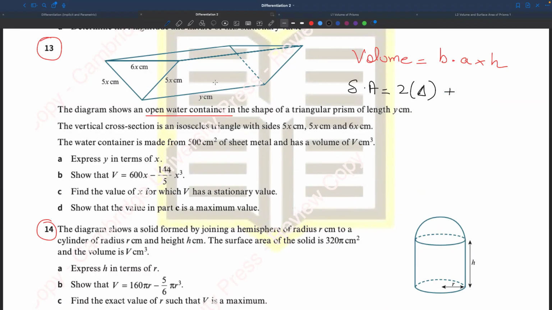So area of rectangle, this is 5x into y, and that will also be 5x into y on the other side. So plus 5xy. So this will be the surface area formula, and the area of triangle, you figure it out on your own. Express y in terms of x. This is the surface area given, and you people should be able to figure it out.